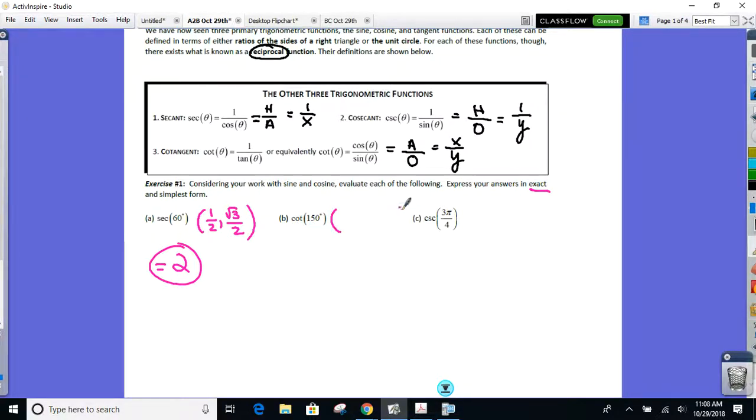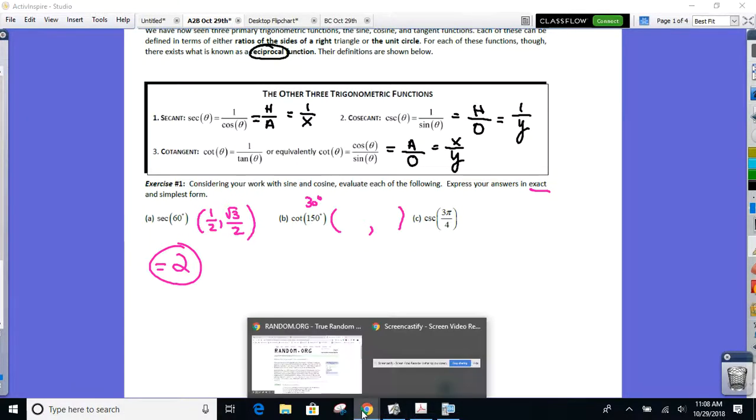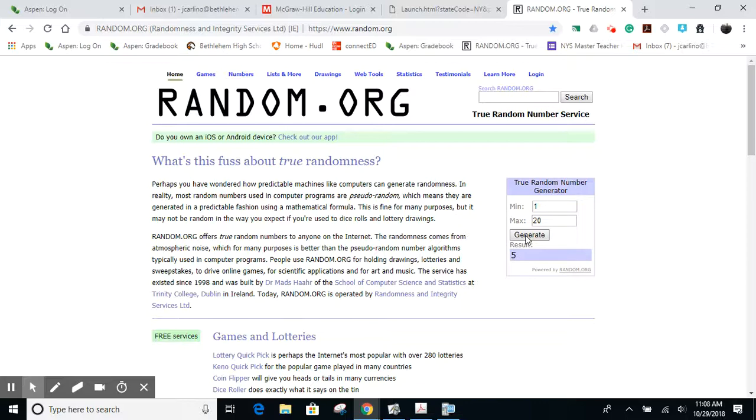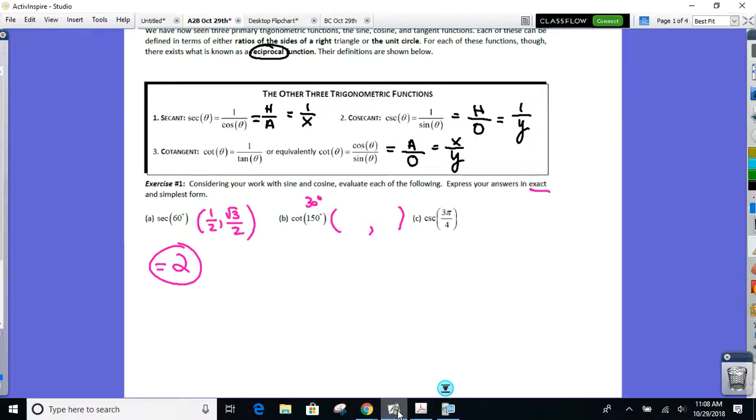Give me the point at 30 degrees. 150 though, where am I? Second quadrant. Should the X or the Y or both be negative? X should be negative, so make sure we make that little adjustment.